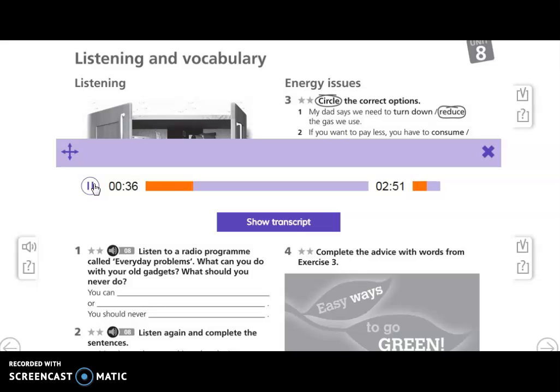So in most homes, our old ones are abandoned or forgotten. What should we do with them? Gadgets fall into two basic categories: stuff that still works and stuff that doesn't work. So let's look at what you can do. First, stuff that works.